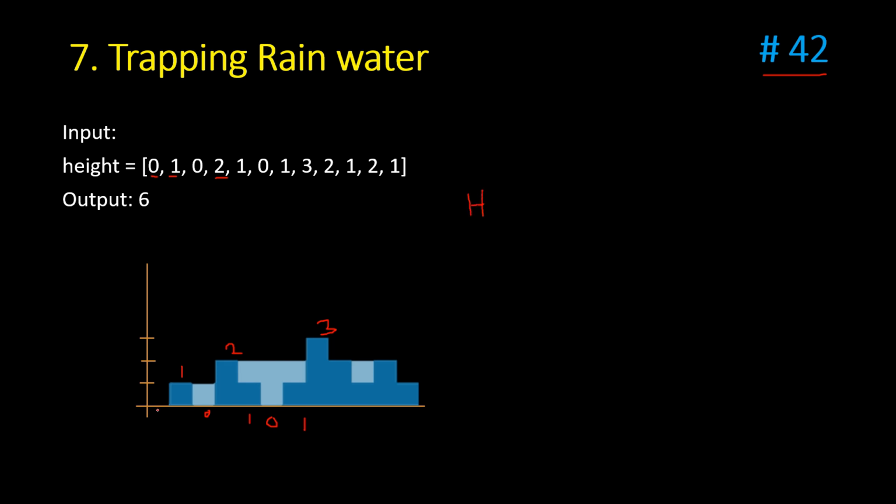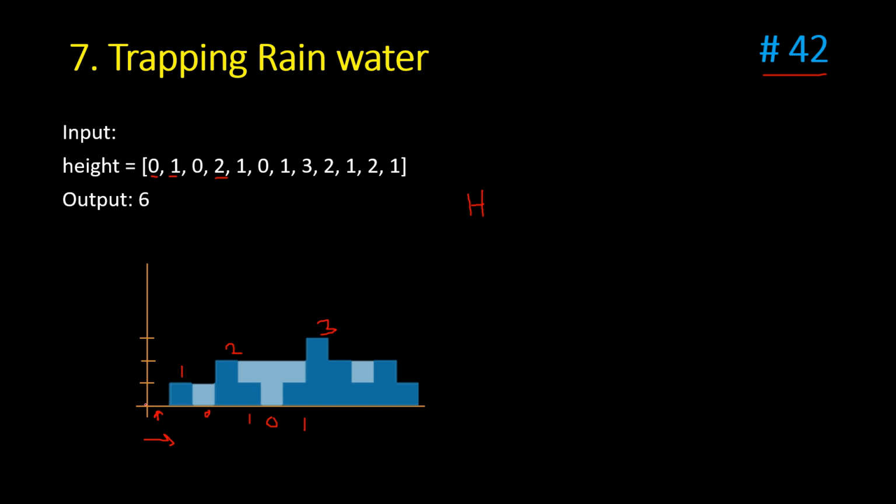Here you will have to keep track of the left maximum, till the current left point. When you are going from left to right, this is the left index, and the max till now is 0. If left is less than left max, then only water can be trapped. If left itself is the taller building, water cannot be trapped above it.